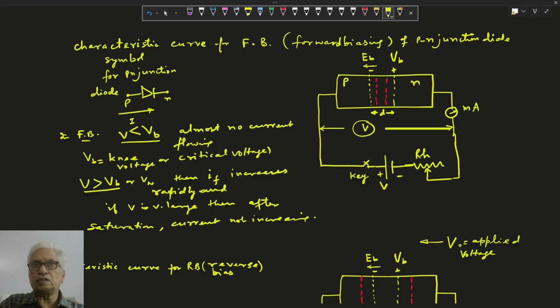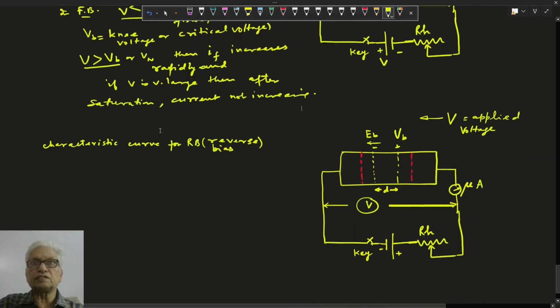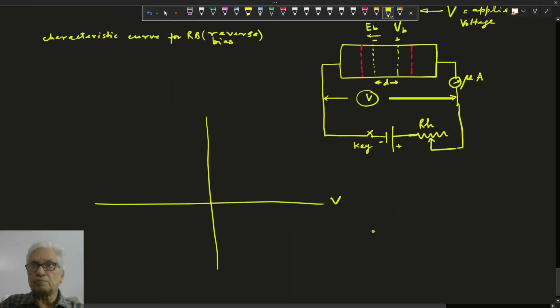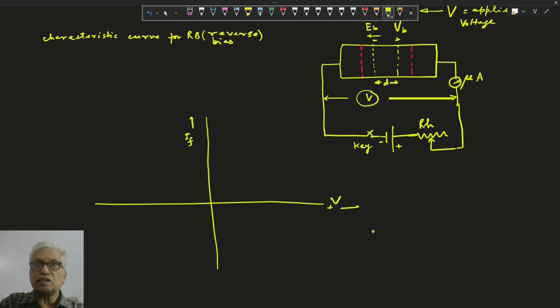So this is the knee voltage. We are drawing the graph here for the applied voltage, positive, and this is the forward bias current in milliampere. Up to here it is almost zero. This is called knee voltage or barrier voltage, that is 0.7 for silicon. Current increases sharply, and after say 1.1 or 1.2 volt, saturation comes here, meaning current is not increasing much.